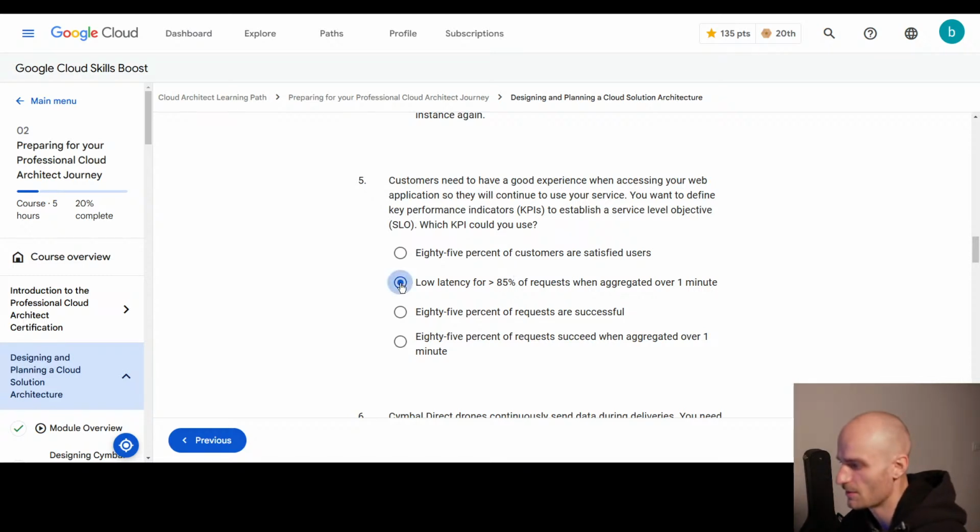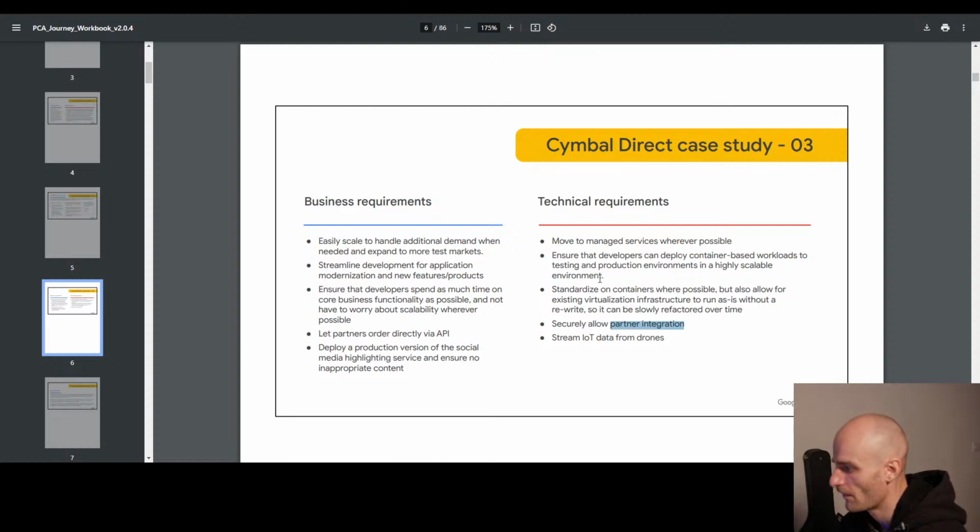Now I will just put low latency because we have somewhere a low latency requirement.